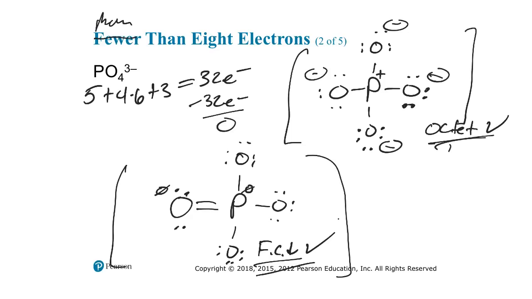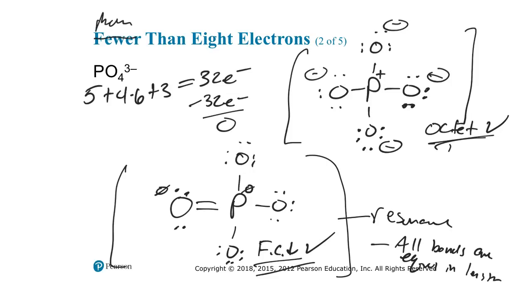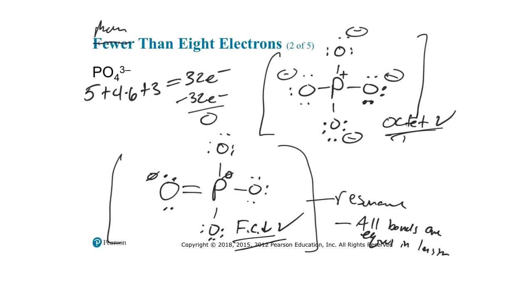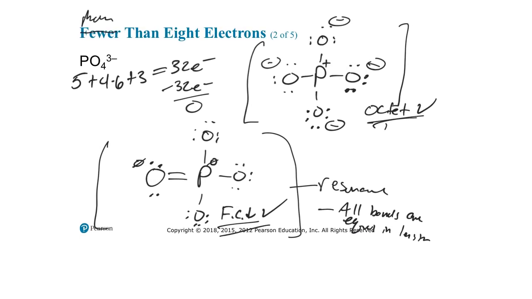But now you have to picture resonance here, because one of the important artifacts of PO4 is that all the bonds have the exact same length. So all the bonds in PO4, if you're picturing the one with the double bonds, you just have to work a little bit harder to see that each of those bonds should be described as being a bond that has about 5 pairs of electrons spread across 4 bonds for about 5/4 bonds.